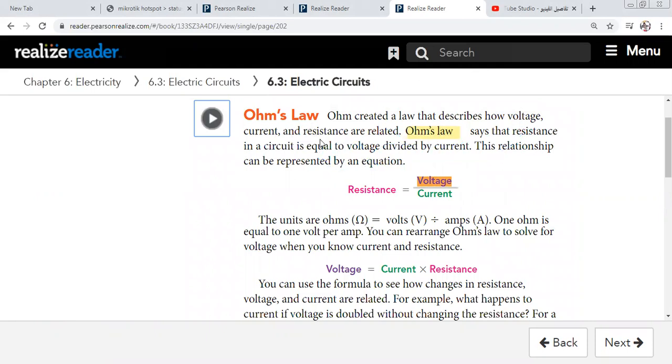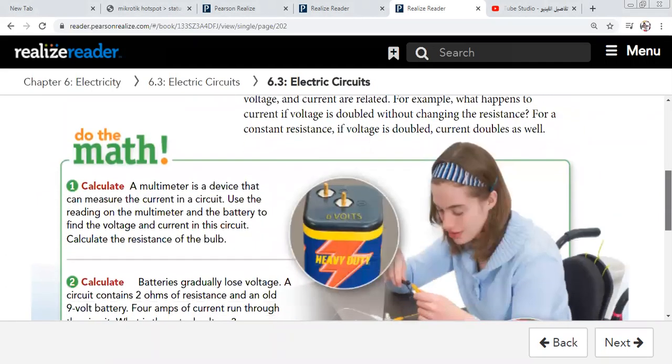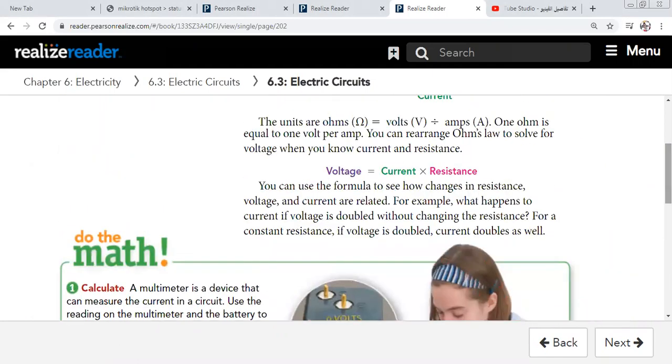Ohm's law: resistance equals voltage divided by current. When the resistance is constant and you make the voltage double, the current becomes double as well.